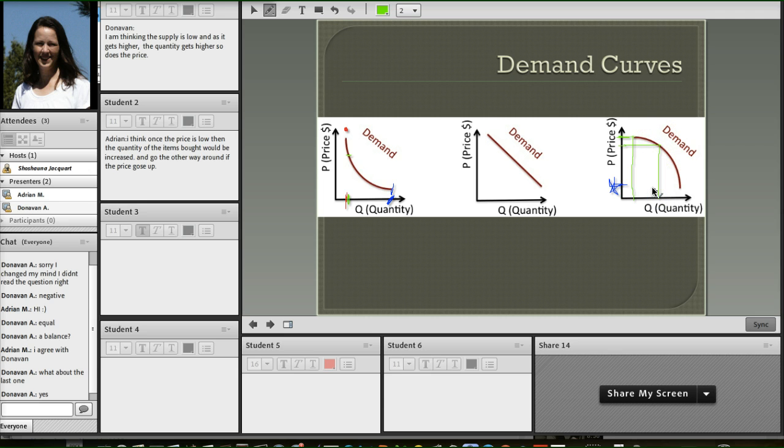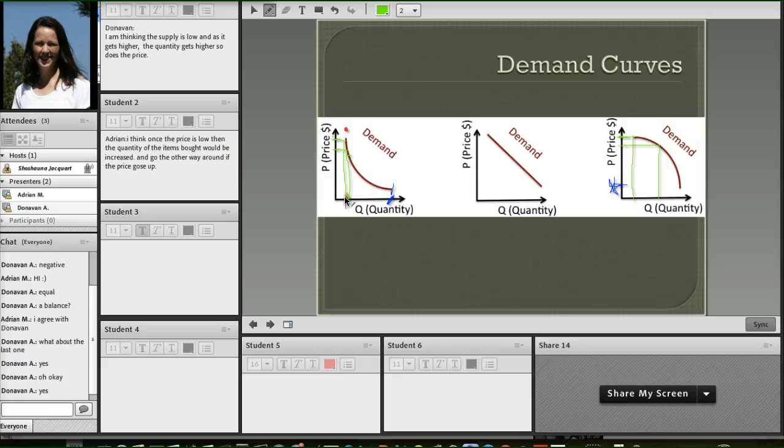It's just showing you the difference of the demand curve. So if we look at the one on the far right, what that means is if I just drop my price a little bit, people will want a lot more. And so I liked how I did that one, so I'm going to do that one over here. If I change my price, come over here, meet my graph, come down, come over here, meet my graph, come down. It didn't change the demand very much on that graph. Does that kind of make sense? So one is more price sensitive than the other one.